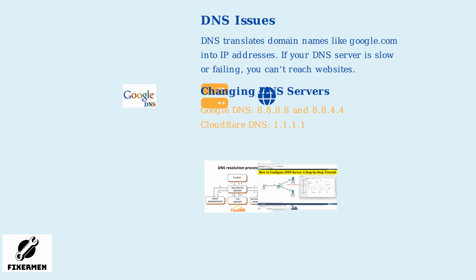Cloudflare offers 1.1.1.1. These servers are faster and more reliable than your ISP's default DNS. Change DNS settings in your gateway's admin panel under Network Settings. Save the changes and test your connection. Public DNS can resolve many connectivity problems caused by ISP DNS failures.